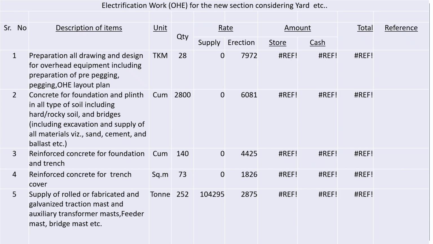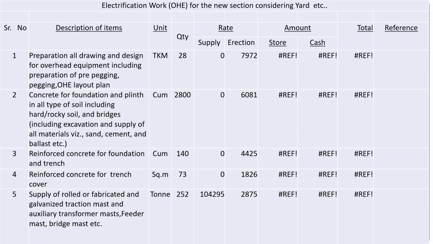Why 25 kV high rise OHE? For yard electrification. For example, I have done the design of the JNPT takeoff. The DFCCIL is 2 into 25 kV high rise OHE. From there I have converted it into 25 kV high rise OHE.